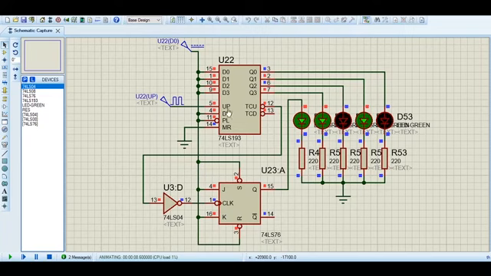Here we can see that the parallel load inputs for this chip each have a 1 input, but these inputs have no significant effect to the counter since their load input here is attached to a 1 input, which means that it's not triggered. Therefore, these will not be loaded to the counter.